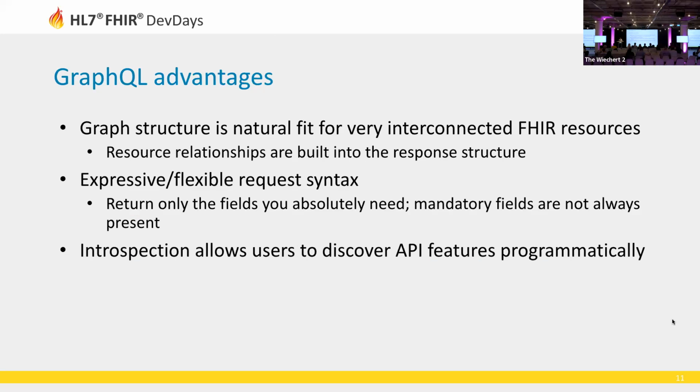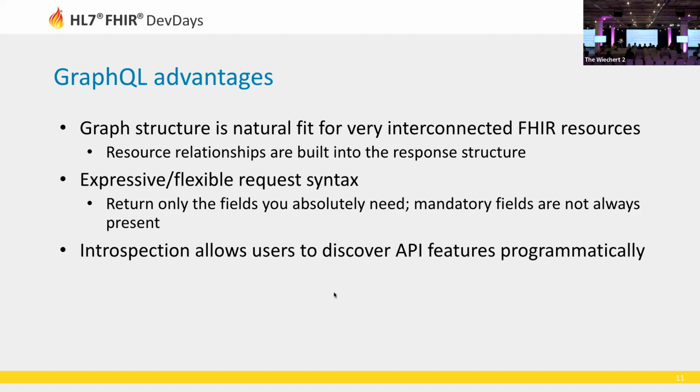Also, the other problem that I mentioned earlier, where your response comes back with all these fields in the REST API that you might not want. GraphQL is a better fit if you really don't want all these fields and you only have a certain number of fields that you want. You just say, I want this in this field, and then I get this in this field back. And another cool thing about GraphQL is that there's the introspection API.